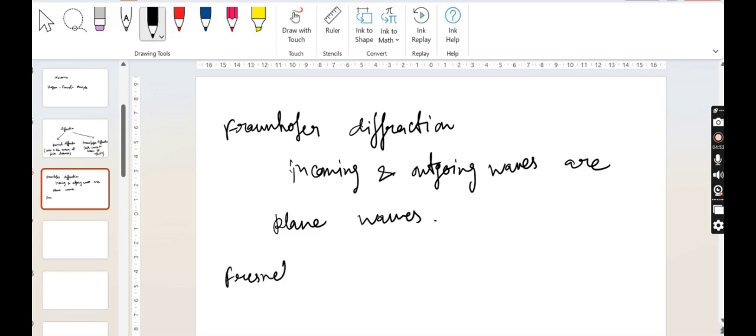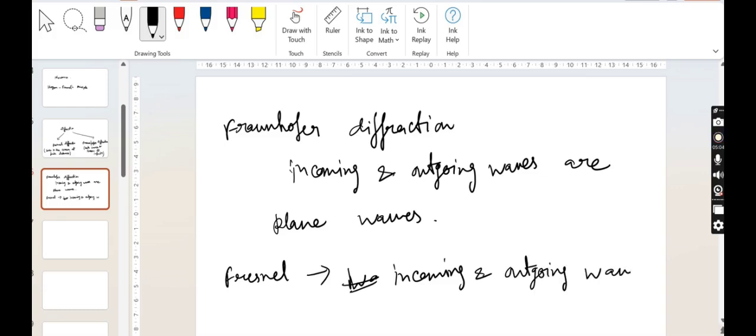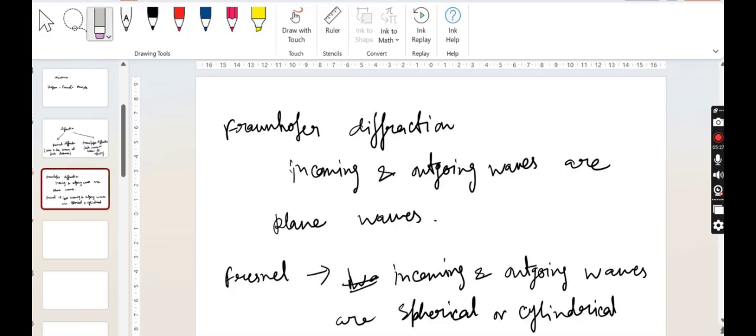For Fresnel, the waves are spherical or cylindrical, all the time. And you know that to make the rays parallel, or a plane wave, we need a lens, which is used in Fraunhofer diffraction, but no lenses are required in Fresnel diffraction.